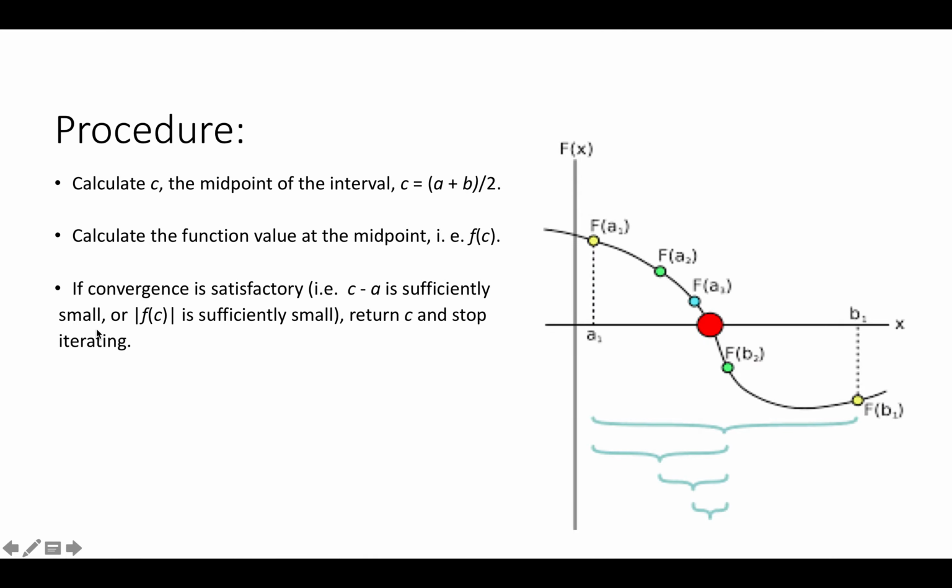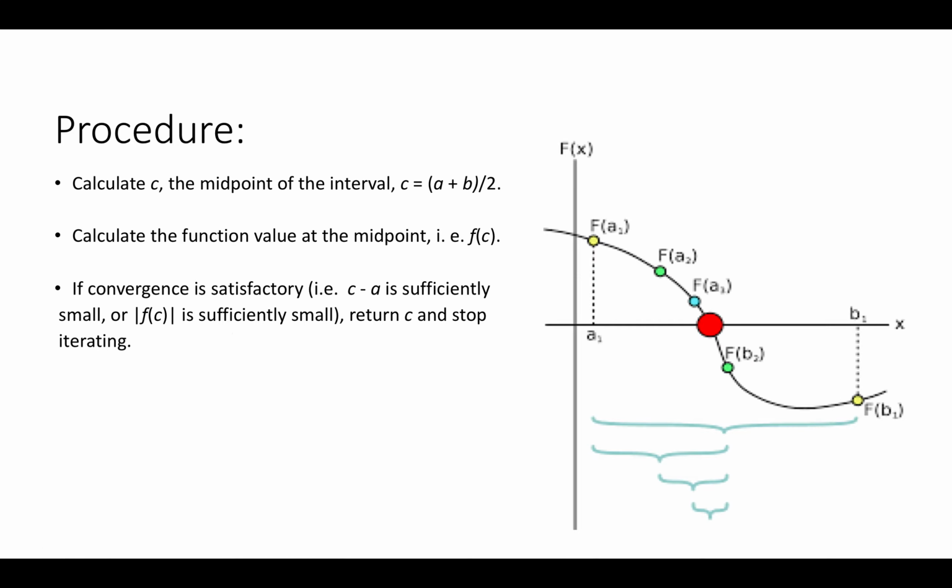So the difference between the middle point and the left or right point is very small. Or the second condition is, if the absolute value of f(C), either on the negative side or positive side, is sufficiently small, f(C) small means the function has a 0 at this point C. Then you have to stop the iteration and return C.